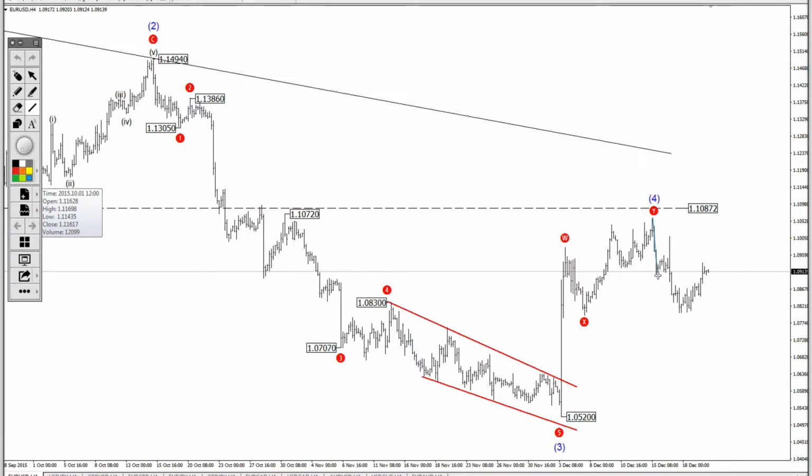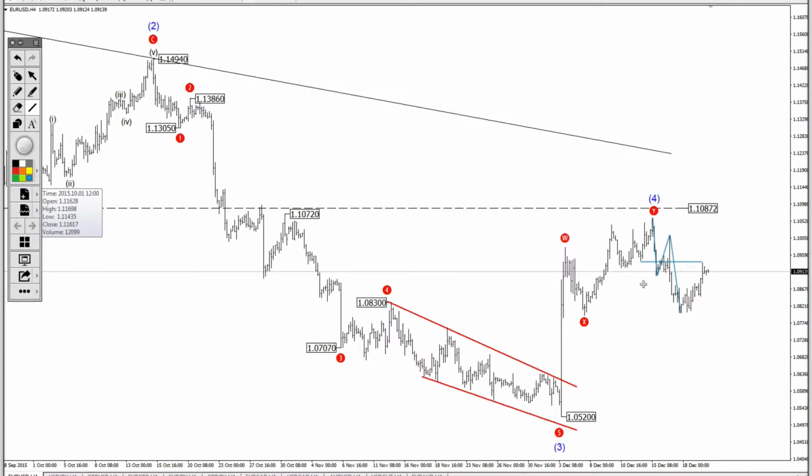So we have a 3-wave structure to the downside from the peak of the 4th wave, or what now has been labeled as wave 4, minus wave 4. And we have advanced beyond the point of the first wave peak, which was yesterday labeled as first wave.